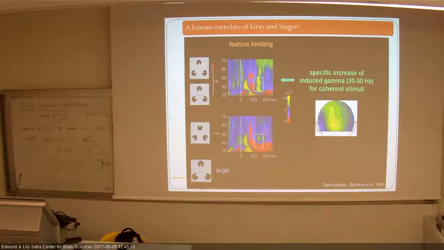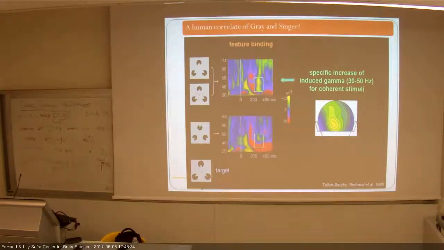So you have two different objects that subjects have seen, either a Kanizsa triangle, you all see the triangle, right? Or you do the same thing with the same stimuli but rotate these Pac-Men, so it's visually very, very similar. The only difference is that in one you see a coherent object and in one you don't.